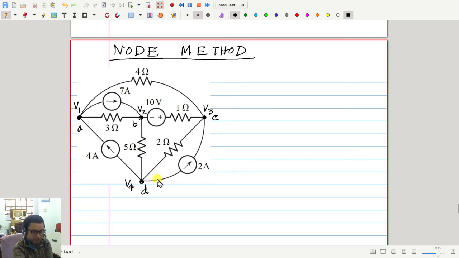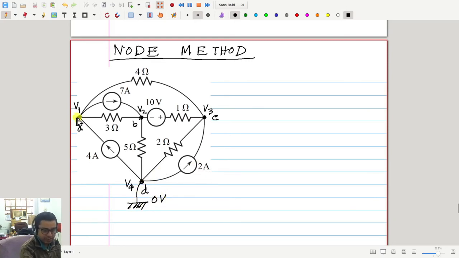Now out of all these nodes, we can always assume one node to have 0 potential. Any node, any one you like. For example, I can take this node to have 0 potential. So this is at 0 volt. That is what I am assuming.